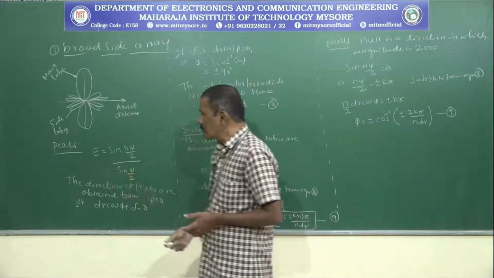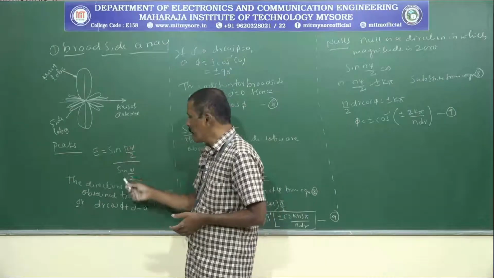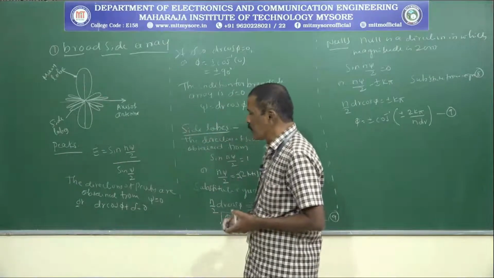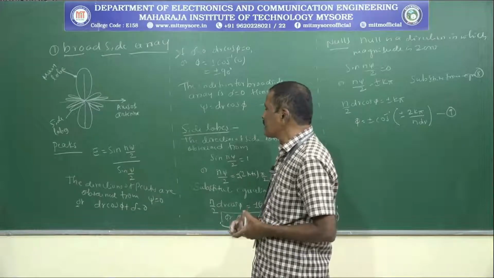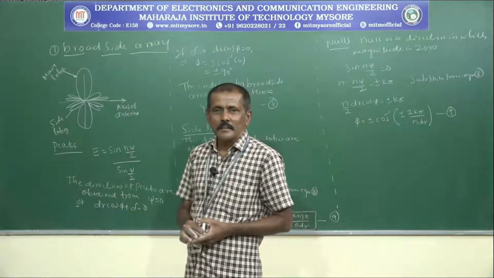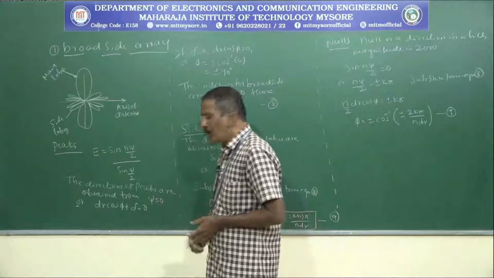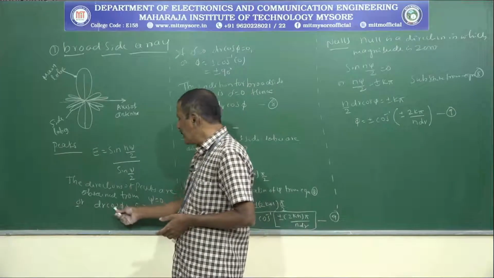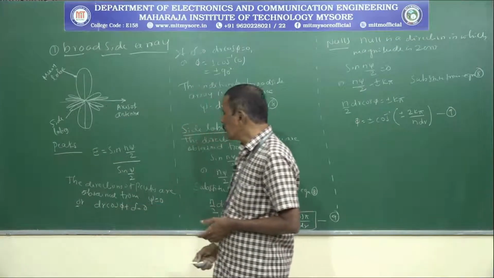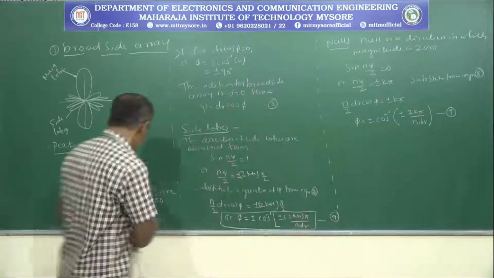The peaks are obtained from the equation E equal to sin of n psi by 2 divided by sin of psi by 2, and the directions of the peaks are obtained when psi equal to 0, or dr cos phi plus delta is equal to 0.